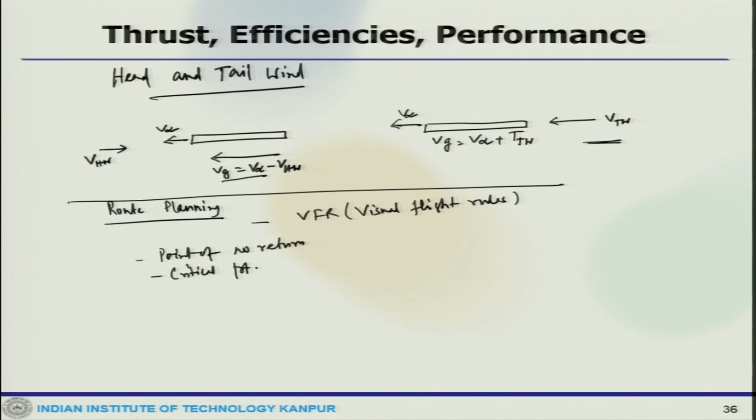These points we will talk about in a moment. Now, the point of no return, PNR, is also known as PSR, point of safe return. This is the farthest point along the track that the pilot can fly towards the destination and have sufficient fuel to divert to an alternate with safe reserves on arrival.